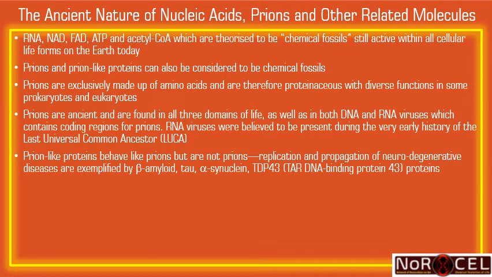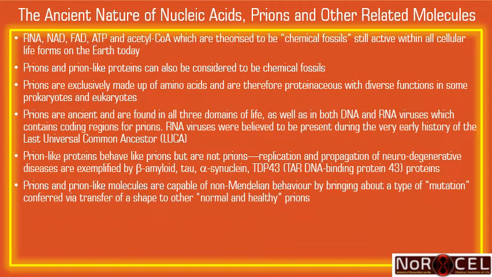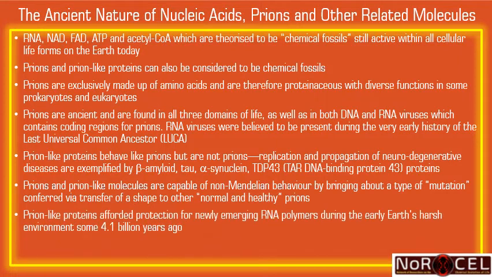Prion-like proteins behave like prions but are not prions. Replication and propagation in neurodegenerative disease are exemplified by beta-amyloid, tau, alpha-synuclein, and TDP-43 proteins. Prions and prion-like molecules are capable of non-Mendelian behavior by bringing about a type of mutation conferred via transfer of a shape to other normal healthy prions.